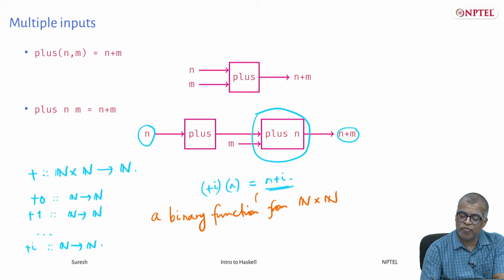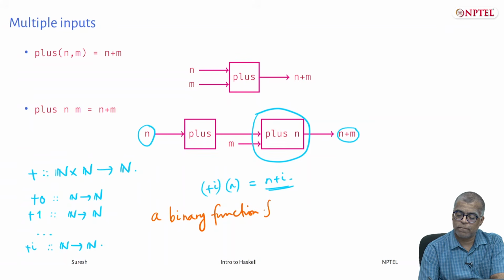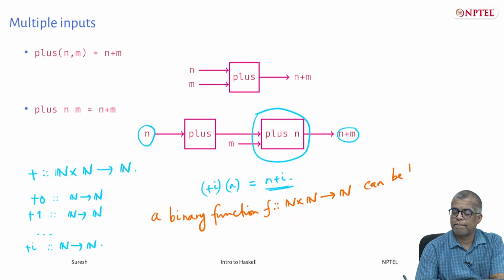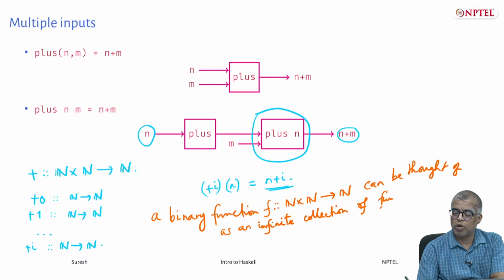A binary function f from n cross n to n can be thought of as an infinite collection of unary functions.